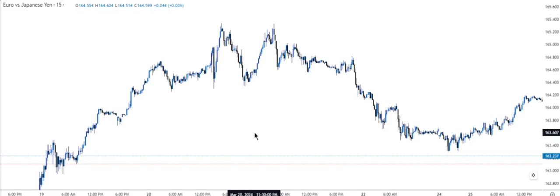Agreed that a lot of mentors have taught that inducement is the first internal structure pullback, whether in the case of a bullish or bearish structure. And that is completely fine. No arguments about that. But the question to ask is, what actually constitutes a valid inducement?